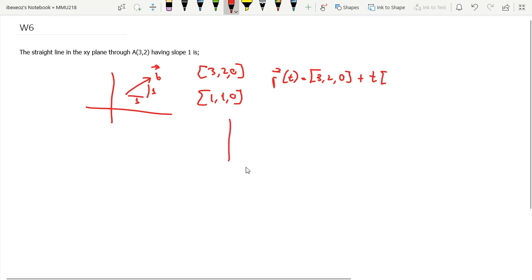Let me maybe show that to you like this. If my straight line is like that, I have a point P here, and this is my position vector A. This is a known point. So I'm trying to get to, let's say I'm moving in this direction, and this is my generic point, okay?